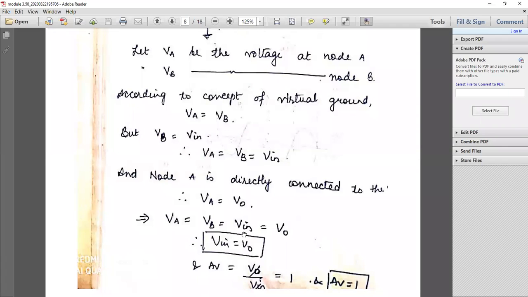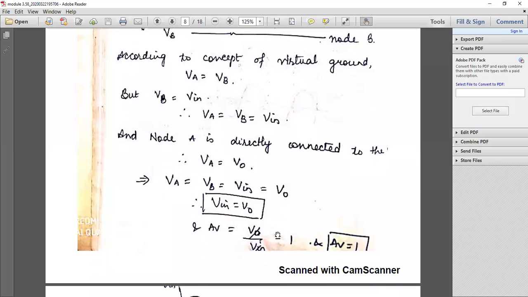All the voltages appearing at input and output are the same, or I can write AV, the closed loop gain, equal to V naught by V in equal to 1. The closed loop gain for the operational amplifier working in voltage follower mode, or working like a buffer, is 1.